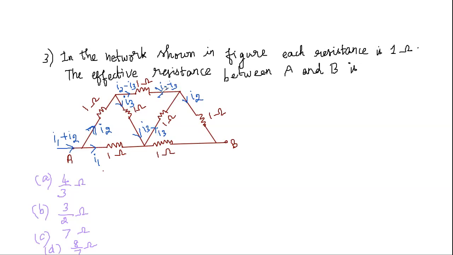We already know very well I2 minus I3 is coming here. Okay, the total current I2 minus I3. That means at this junction I2 is moving like this, the I3 is moving like this.